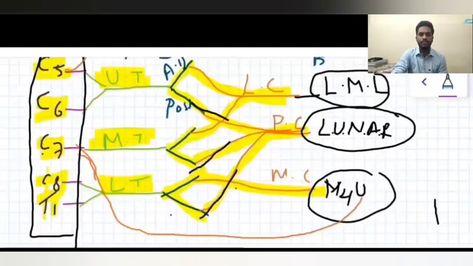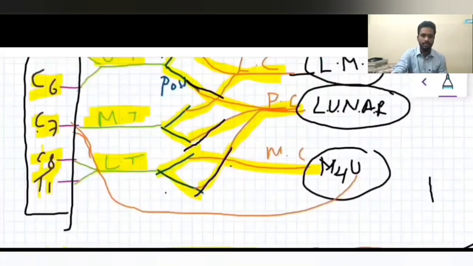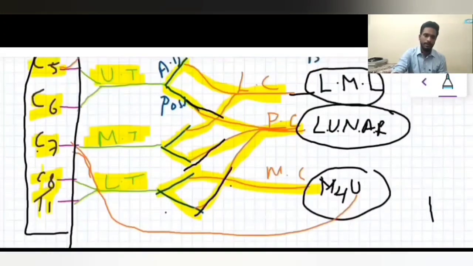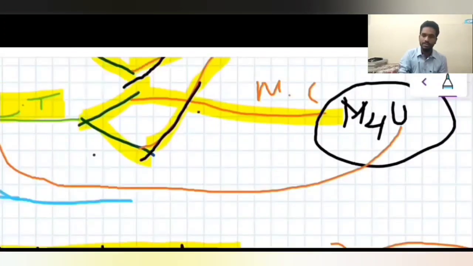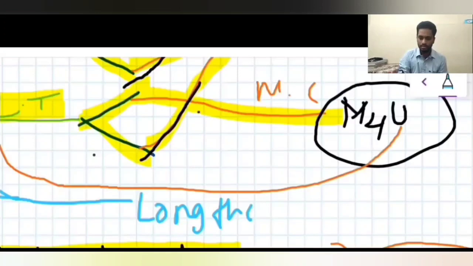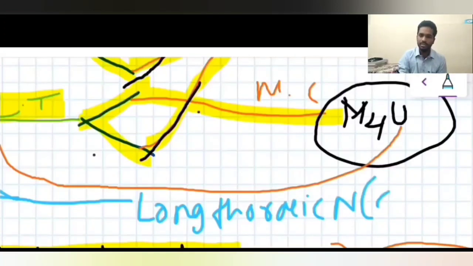From all these three, a nerve originates, and its name is long thoracic nerve. It originates directly from the root, and its root value is C5, C6, C7.